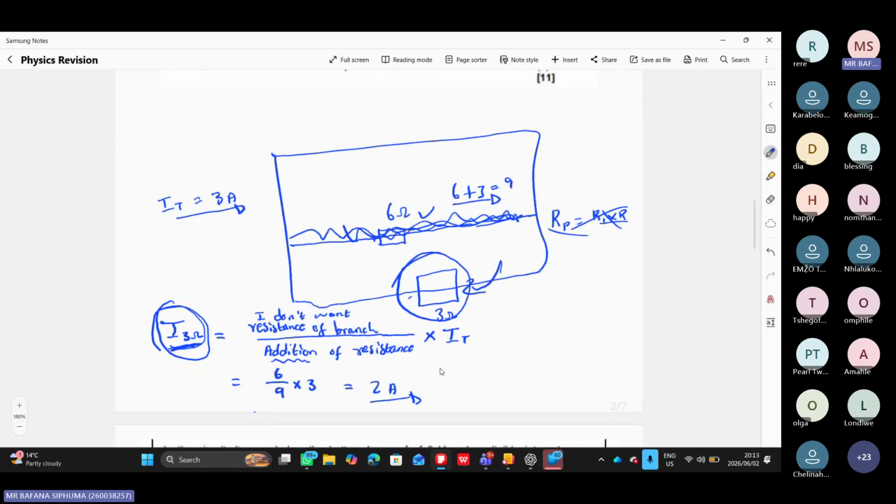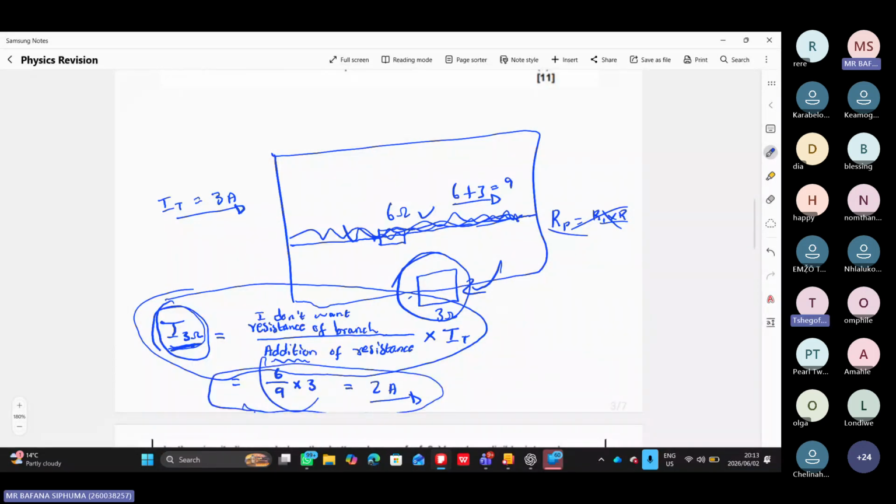If you don't use the ratios, you will be forced to first calculate the V internal, V external, and all the methods. So you might even make mistakes. So you're allowed to use the formula in the exam and the test. But the thing that I can advise you, don't go and write this thing. This is just the way that you can understand the formula. Don't write it like this. Just go maybe and write the answers like that.